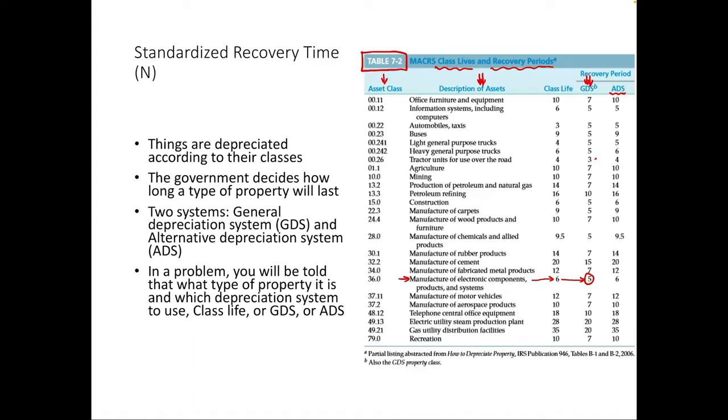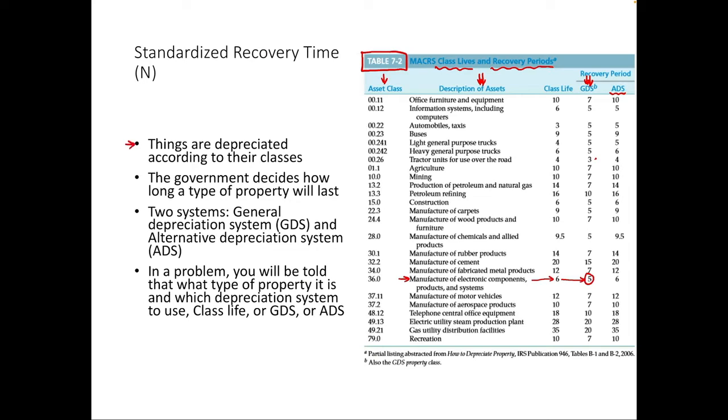So now let's take a closer look at these two tables. Table 7-2 is where you can find the class of your property and the corresponding recovery period of that class. Okay, so in this table, you can tell that things are depreciated according to their classes.